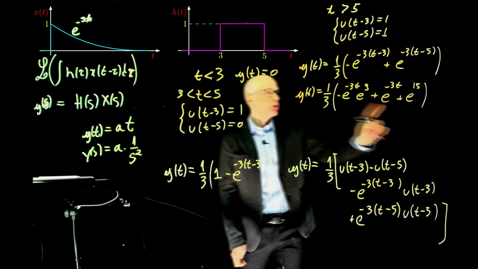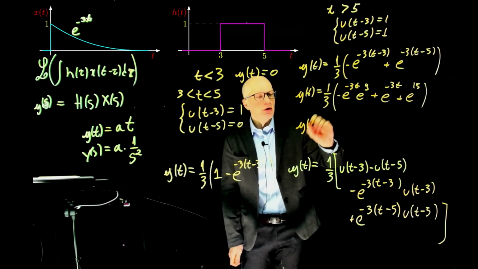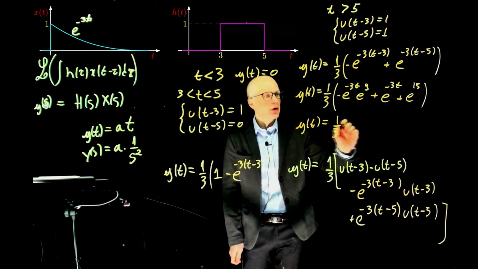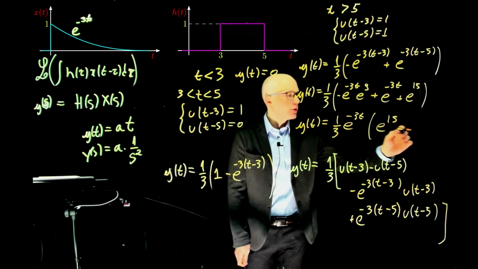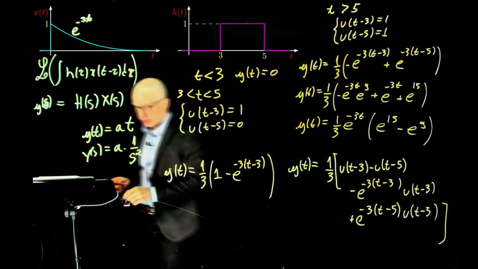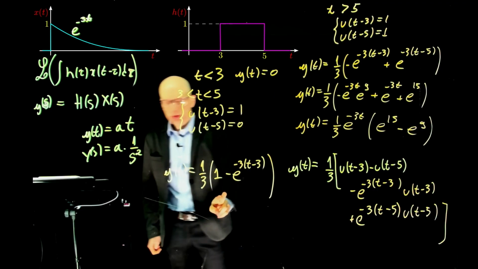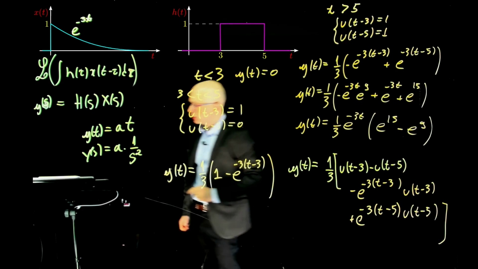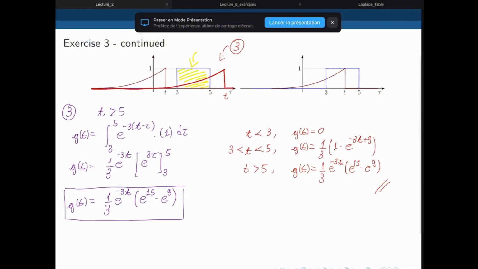We can now factor out exponential of negative 3t. So y of t is 1/3 of exponential of negative 3t times exponential of 15 minus exponential of 9. So here we have the first range, second range, third range. And if you go back to lecture 2, that's precisely what we found there using the graphical method.